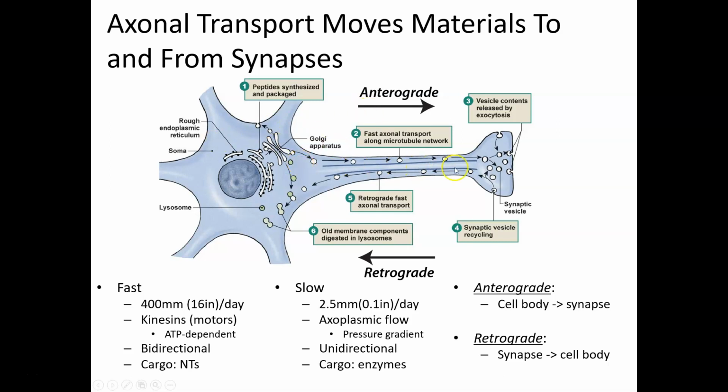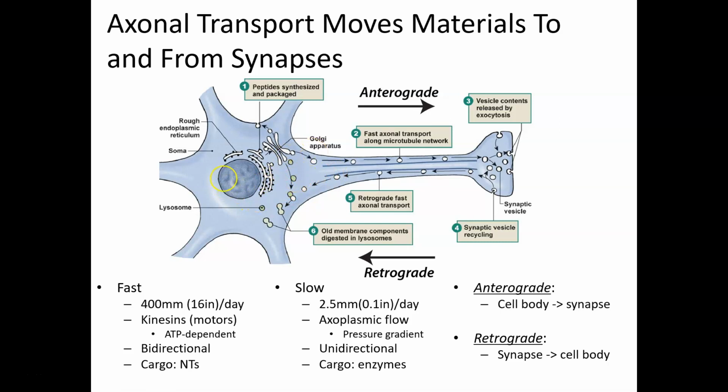So, as an example, if we looked at acetylcholine, it would move in the anterograde direction, while the choline, after the acetylcholine is broken up in the synaptic ending, will be reuptaken and sent back through fast axonal transport to be reassembled back into acetylcholine.